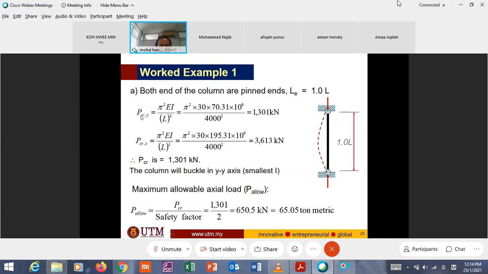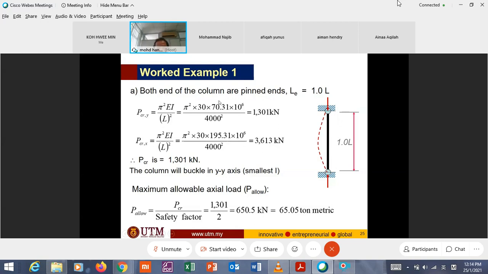So PCR about the y-axis is equal to 1301. I don't have to explain this one. And about the x-axis it is equal to 3613. Why do you have different critical buckling?